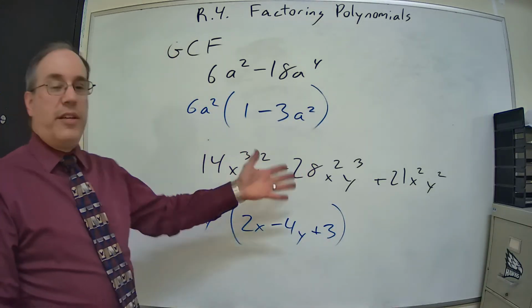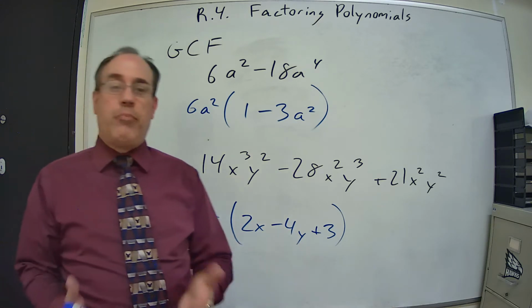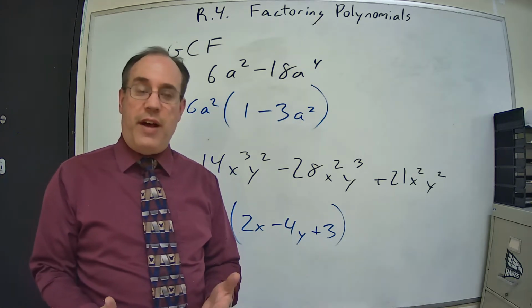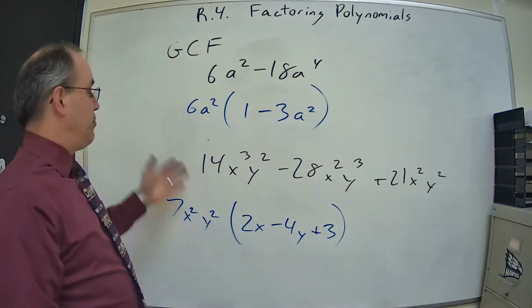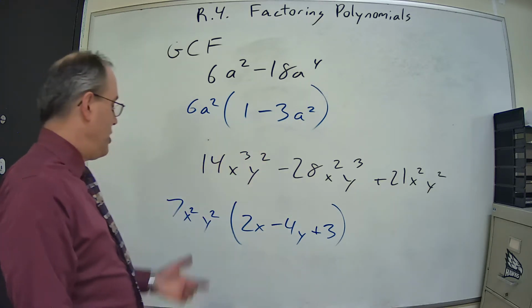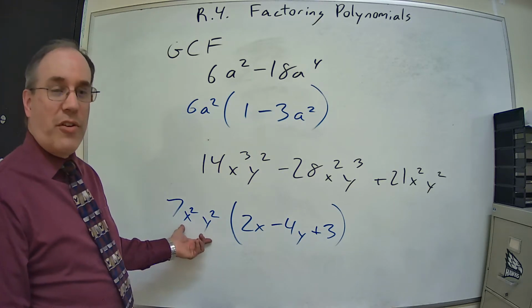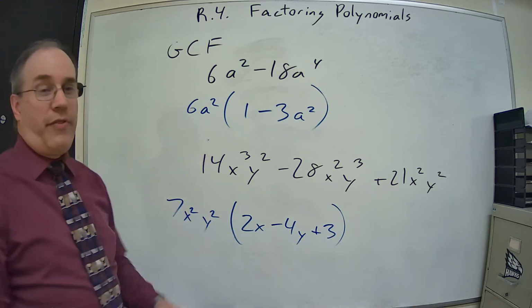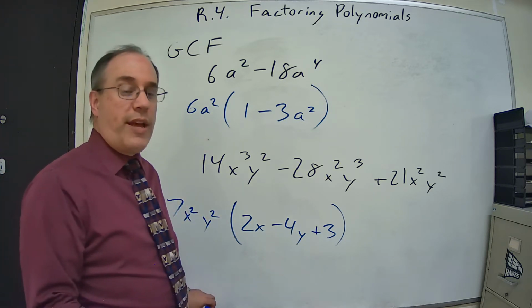And this is really just going back to dividing by a monomial. Remember, I said you can divide by a monomial by dividing it into each of the terms. We just have to determine what the largest monomial is that we can pull out of here. So that's dealing with the greatest common factor.